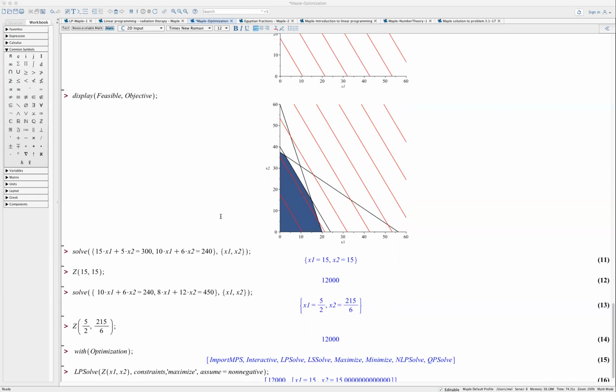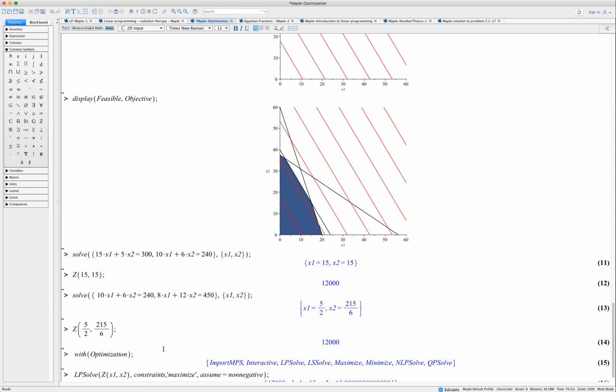Let me just show you how it works in practice. So I'm going to use the LP solve command. And I have to tell it different things. First, what is my objective function? It's z of x1, x2. What are my constraints?